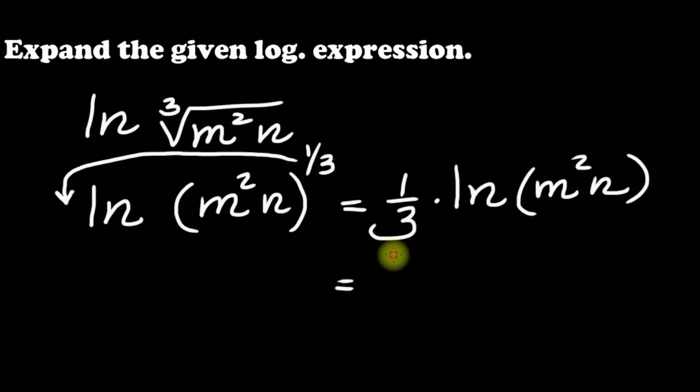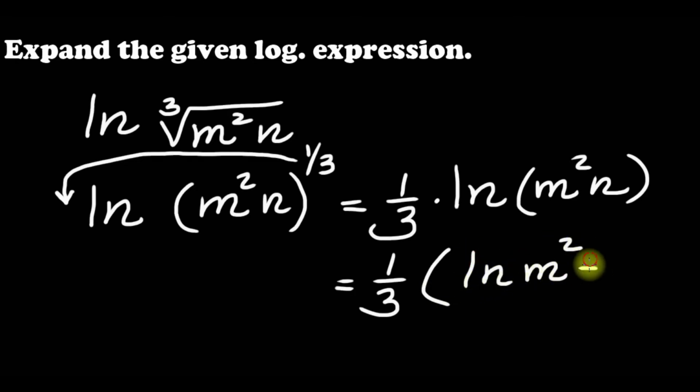So continue here, you have 1/3. Now log of a product is the same as the sum of logs. So ln of the product here is the same as the sum of ln, and ln is natural log. So here you have ln of m squared plus ln of n.